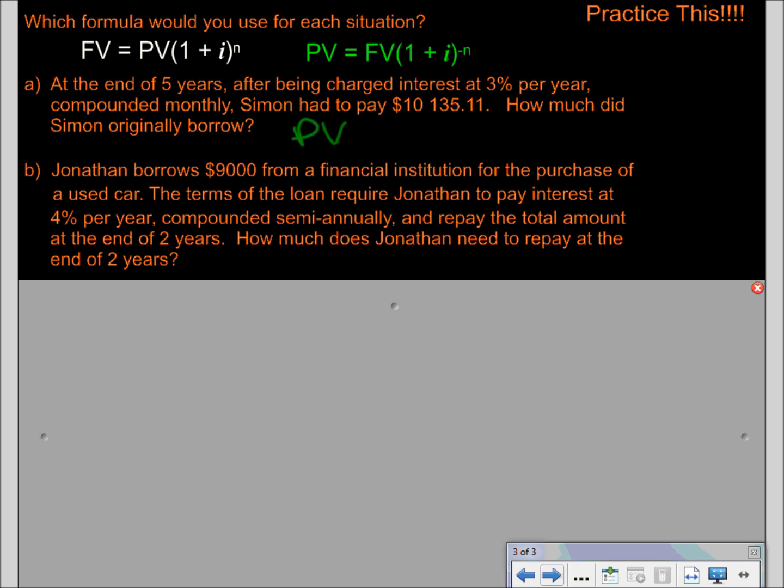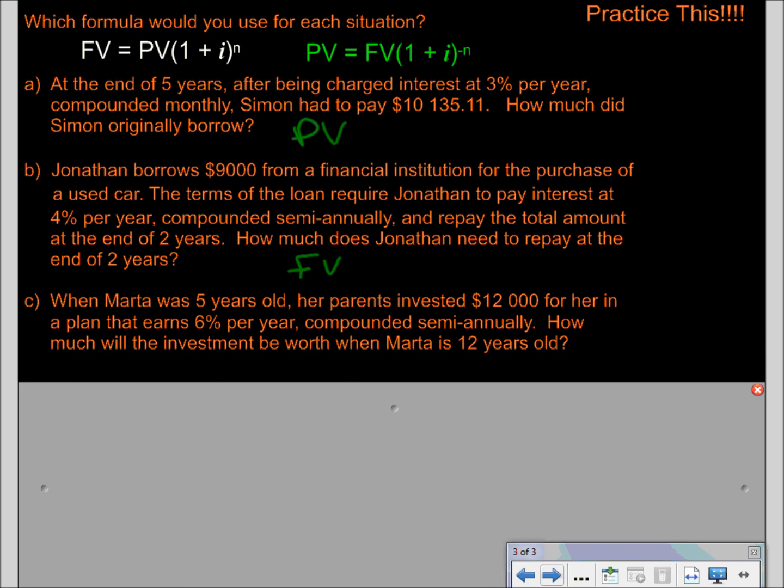The term of the loan requires Jonathan to pay interest at 4% per year, compounded semi-annually, and repay the total amount at the end of the 2 years. Okay, careful. He originally gets $9,000, but in 2 years they want to know how much he's going to have to pay. So would it be PV or FV? FV, we want to know how much he owes in the future, okay? Because he gets $9,000 now.